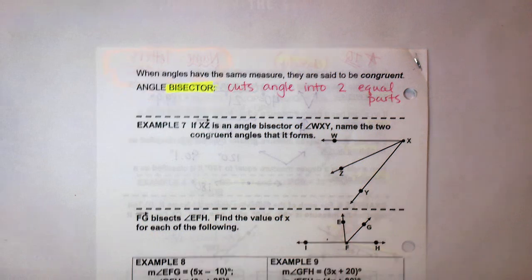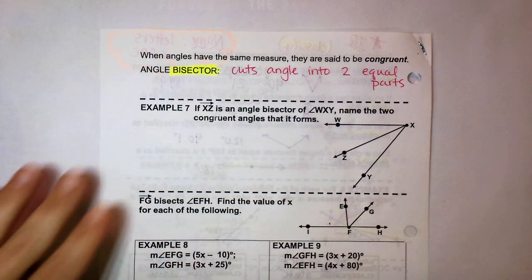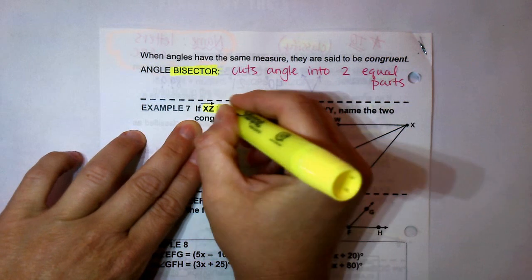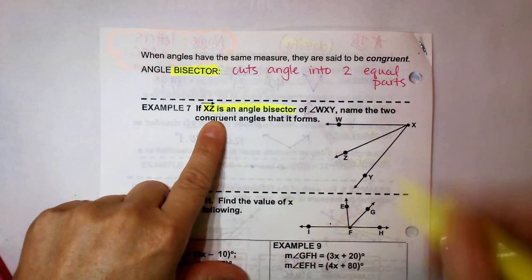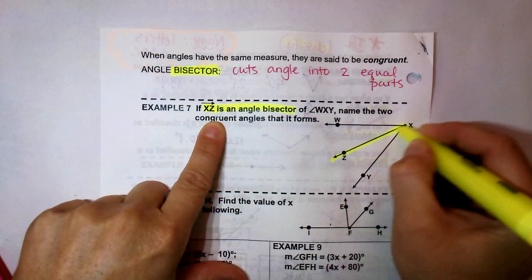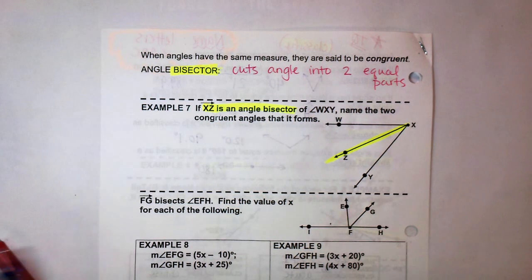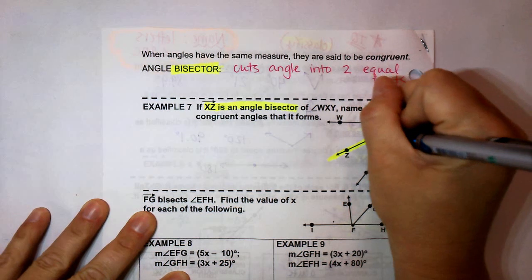So if I'm looking at example 7, remember you have to read. That was one of the biggest things on test 1, no one wanted to read. It says this ray XZ is a bisector. So I'm going to highlight that line because I know that's the middle. This is my bisector. That's the middle. So if I said the top angle is 40, then what's the bottom angle?